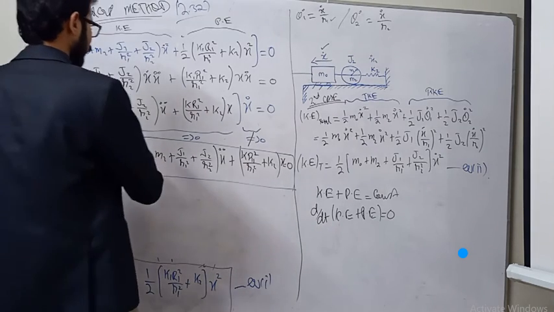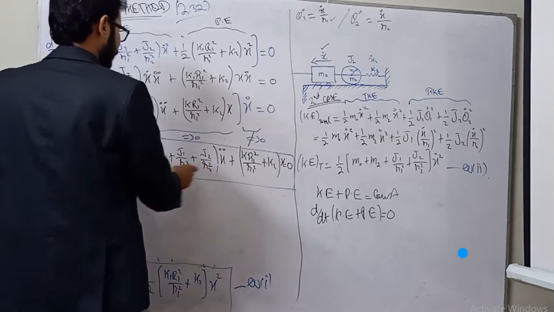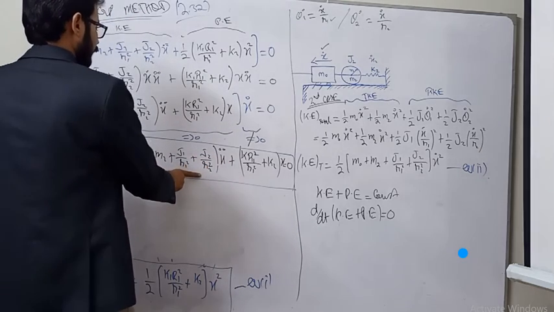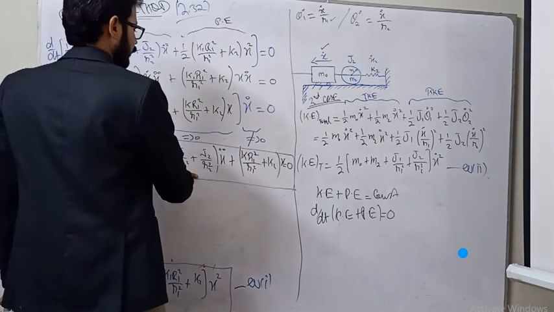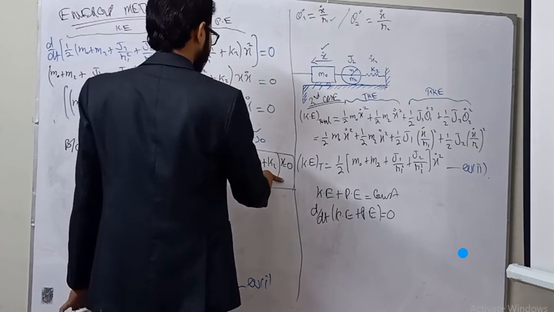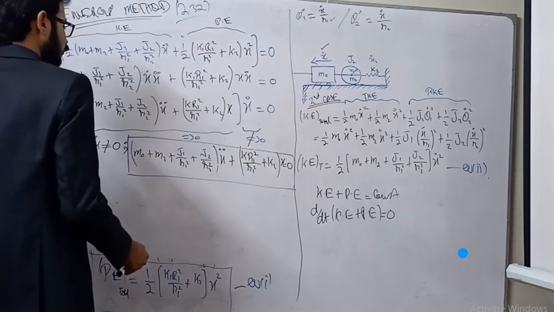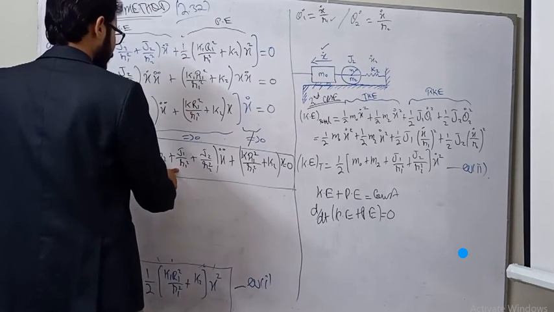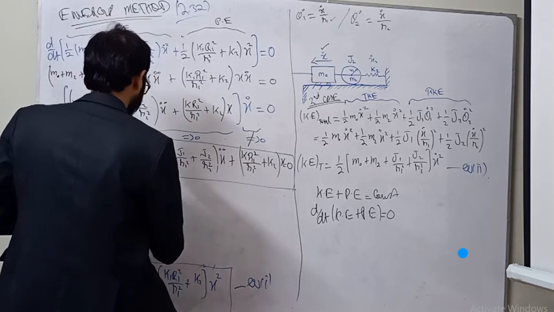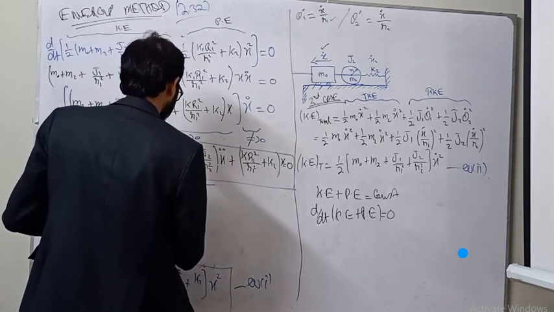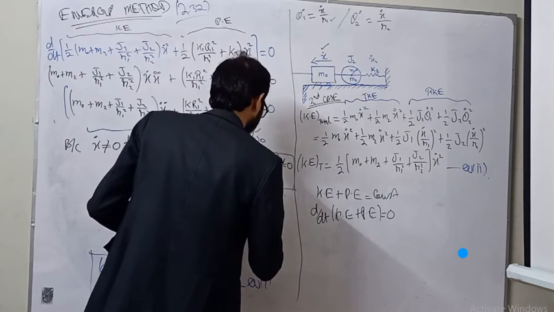Suppose this whole element that is with x double dot is the total mass that includes translation and moments of inertia, and suppose this is the stiffness that includes the radius effect as well. Suppose this whole mass term is equal to mt, and this whole stiffness term is equal to kt.